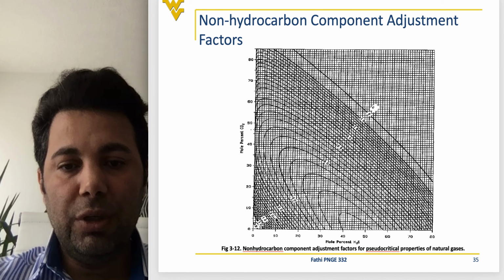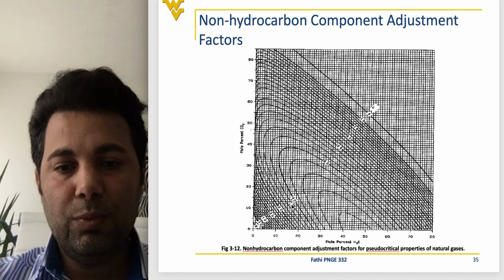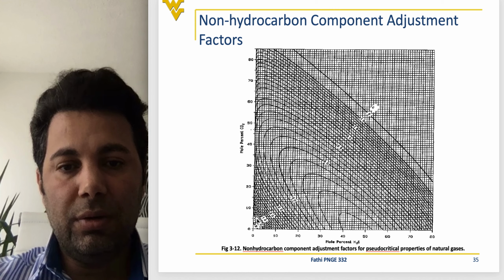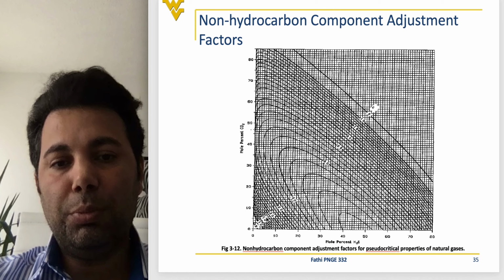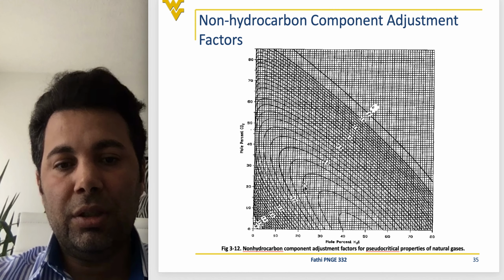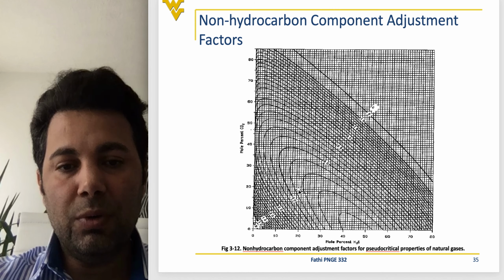So we locate the point, and then we see which of these curves is going through that point, or we pick the closest one, or we do interpolation between the two curves.